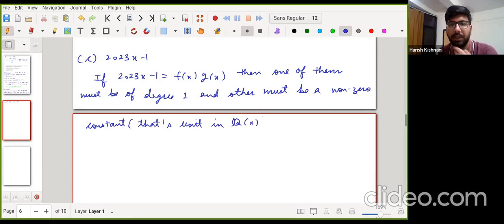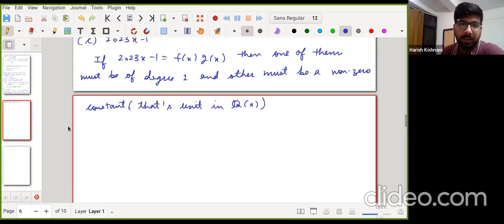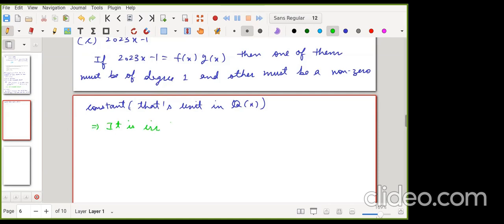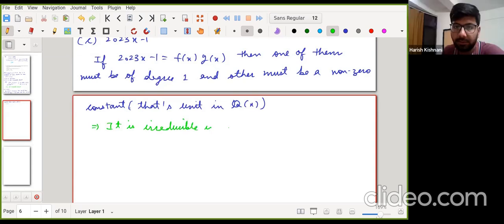Thus, you cannot factorize it in terms of two non-units. So it is irreducible in Q[x].